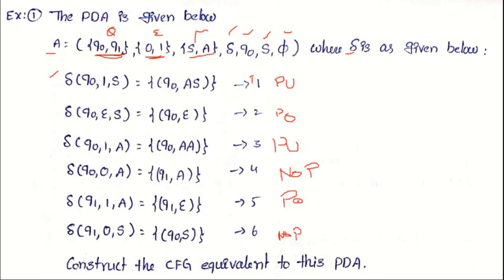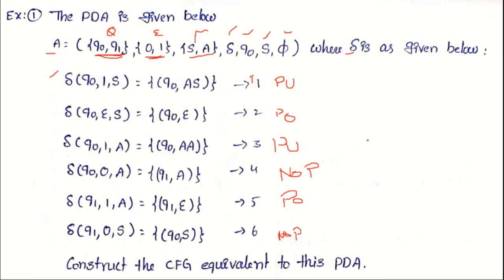So now we construct their equivalent context free grammar. So this is the example. Now we discuss how to construct the equivalent context free grammar. Just now we discussed how to convert from pushdown automata to their equivalent context free grammar. We are using three rules.